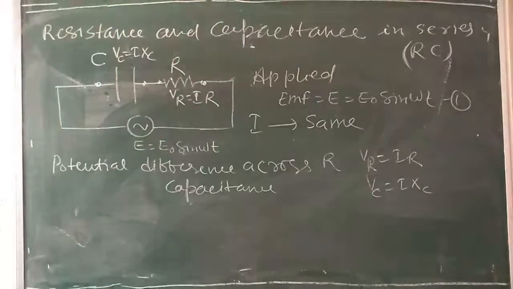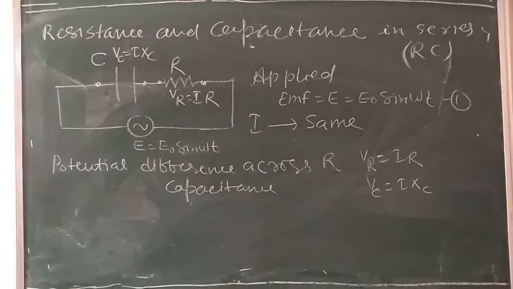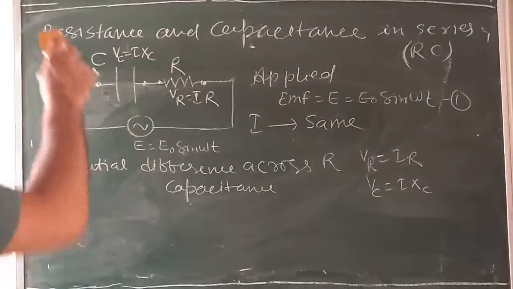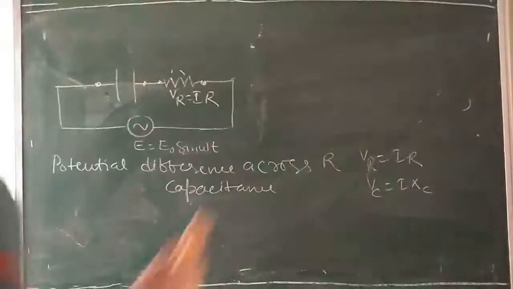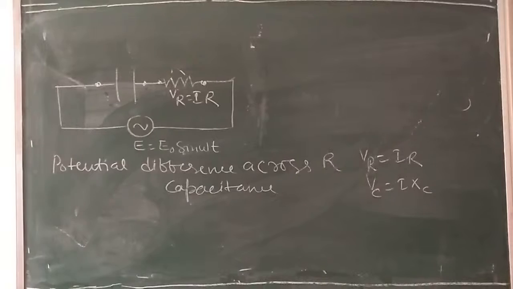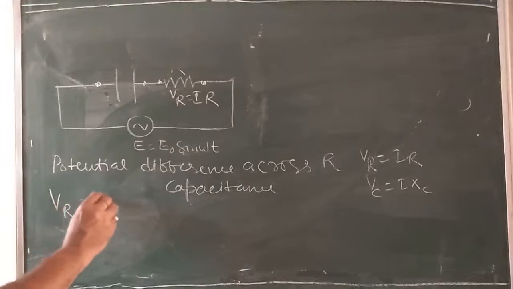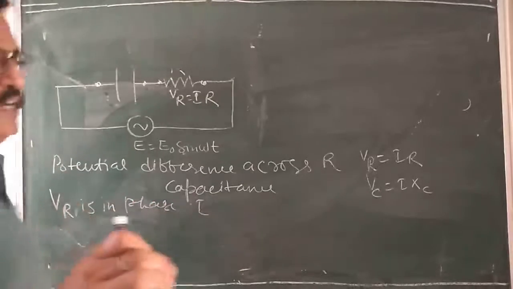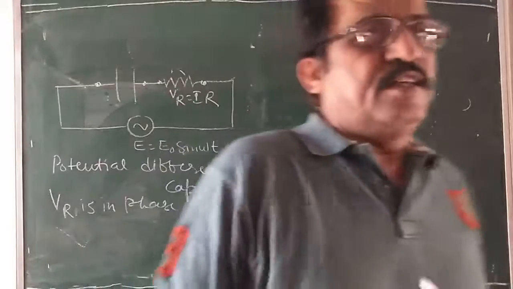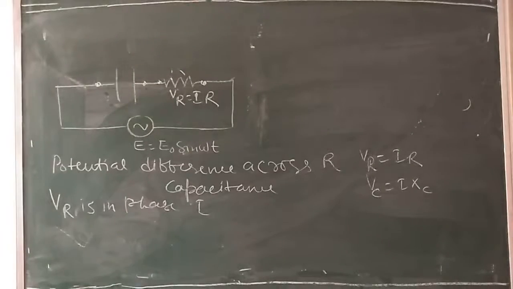Is it clear? Now, if we draw a phasor diagram for this RC circuit, then I can draw like this. Dear children, I can say VR is in phase with I. It seems that when the resistance is in circuit, the EMF and current both are in the same phase. So I can draw a diagram here.